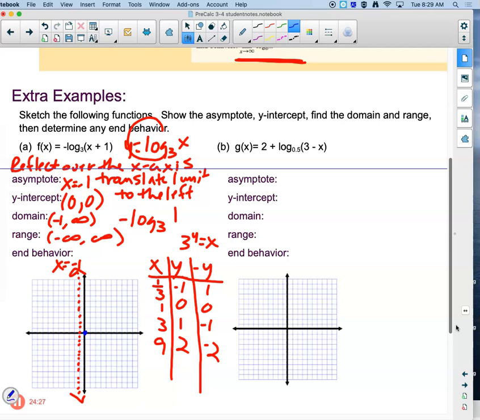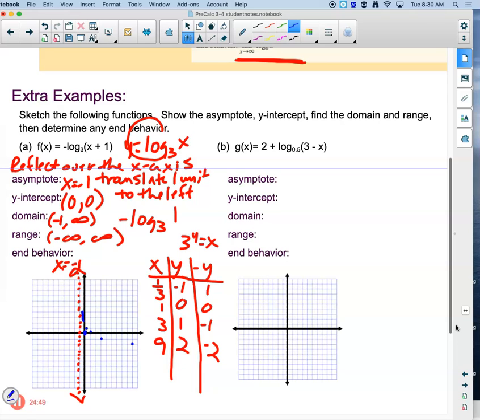So my shape for this is going to be 1/3, 1, 1, 0, 3, negative 1, and 9, negative 2. And don't worry about that 0, 0. That's all going to work out in the end.